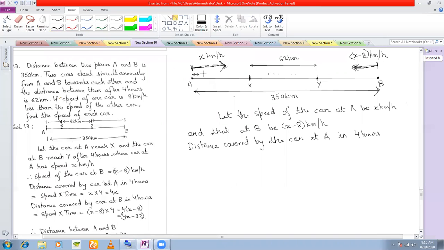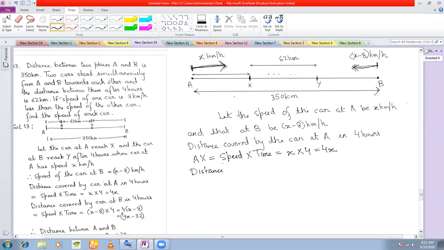Okay, this distance. It is reaching X in 4 hours. So what is the distance covered by the car in 4 hours? AX is equal to, what is the distance? Speed is given, right? Speed into time. What is the speed given? x. What is the time? It is reaching X after 4 hours. 4x.